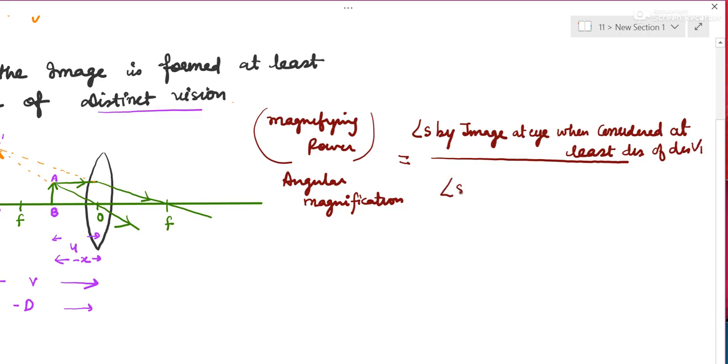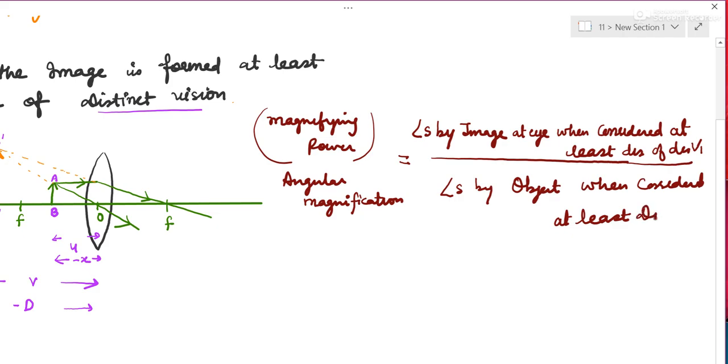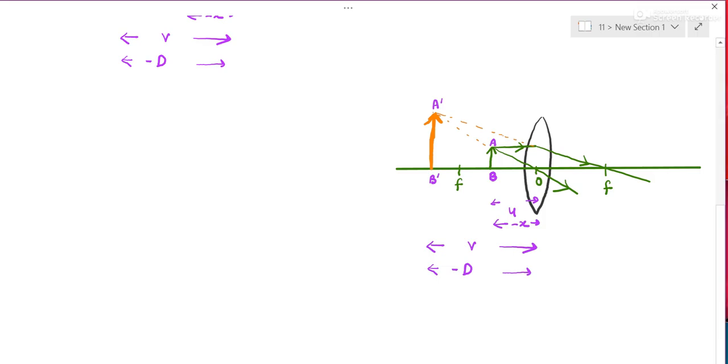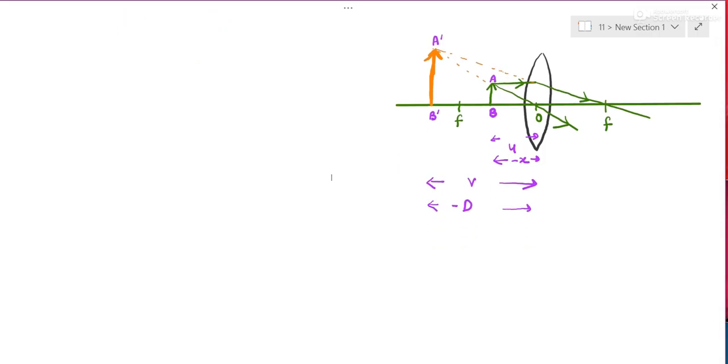Okay, and downward is the angle by the object when considered at, this is fixed, the least distance of distinct vision. So let us see it once again. Magnifying power or angular magnification is fixed, and its definition is this.